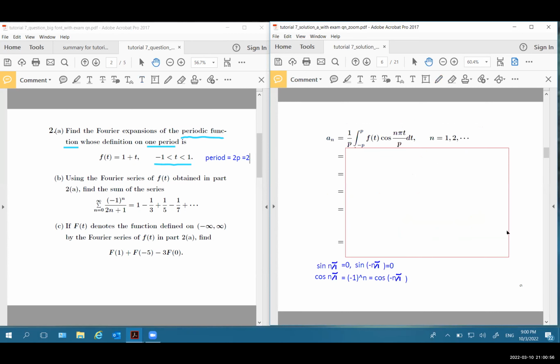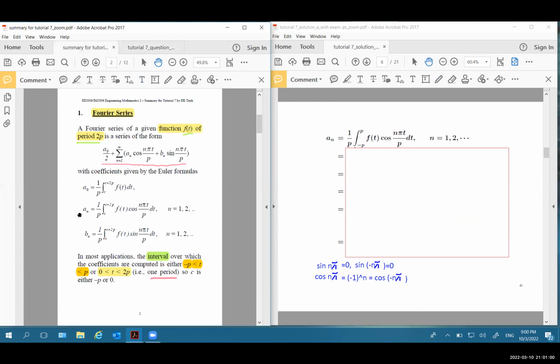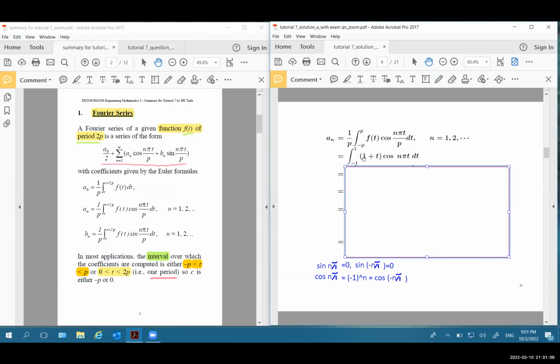Then we want to do the an. an is like that. So also integrate -1 to 1. Put in the function, so you put in your 1 plus t. Then of course you want to integrate this. What we do here is you can multiply out first, then you can integrate.